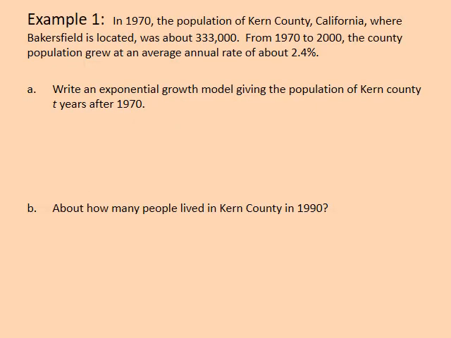Example 1 is one of the examples that represents exponential growth. In 1970, the population of Kern County, California, where Bakersfield is located, was about 333,000 people. From 1970 to 2000, the county grew at an average annual rate of about 2.4%. Since this is exponential growth, we're going to use the equation P of t equals A times (1 plus r) to the t.